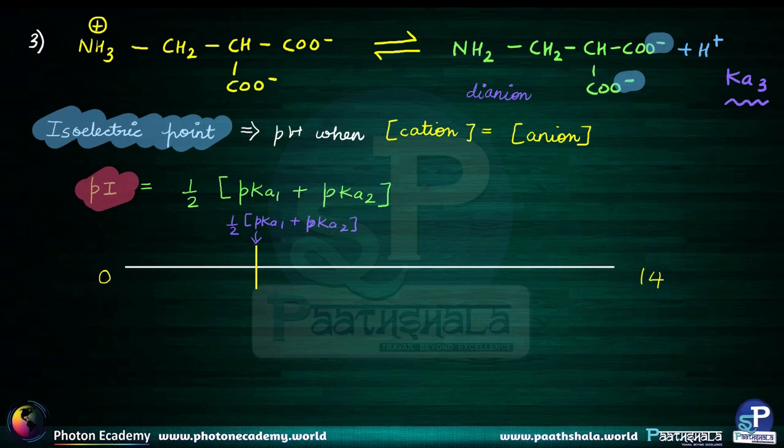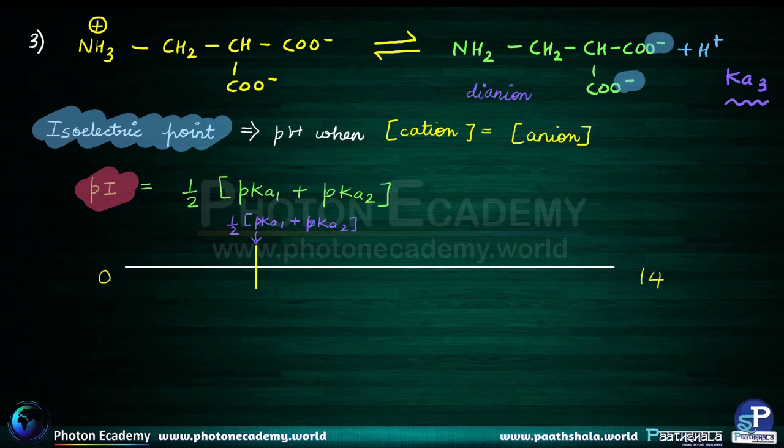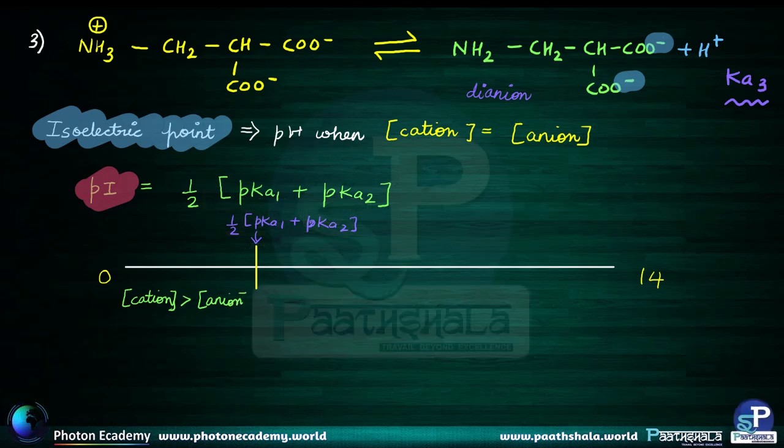Any concentration which comes below this Pi, over in this place, will have the cation concentration greater than its anion concentration. This we are aware of, and this is the isoelectric point, so mark it as I here.